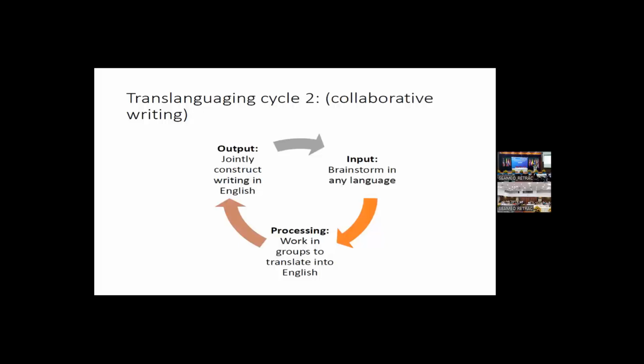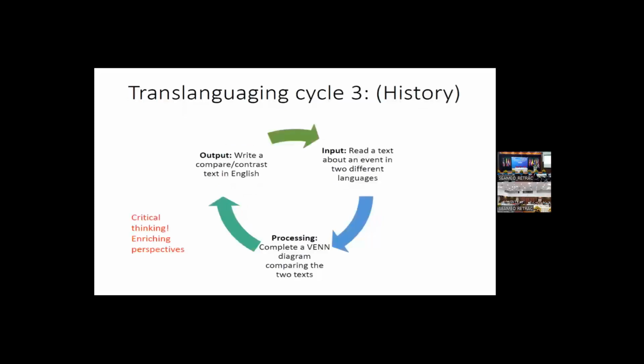And I think translation is something that's kind of disappeared a little bit from our classroom settings. It has this tendency to be associated with the old world of grammar translation. But there's a lot of value in looking at the way different languages express things. So that's another cycle, again, which ends up with English being used.